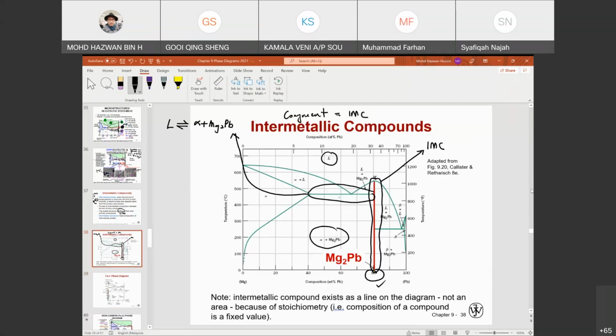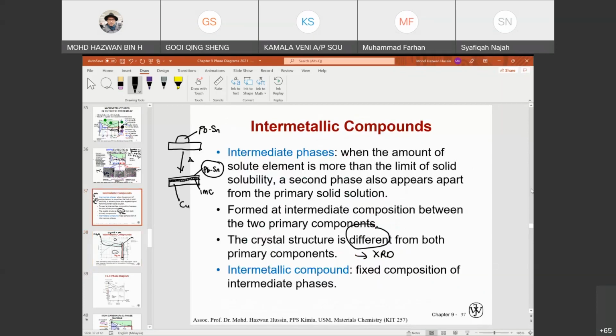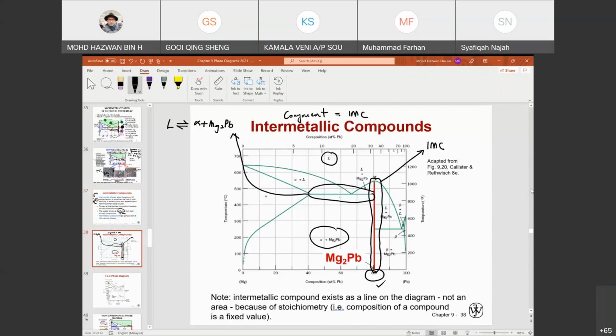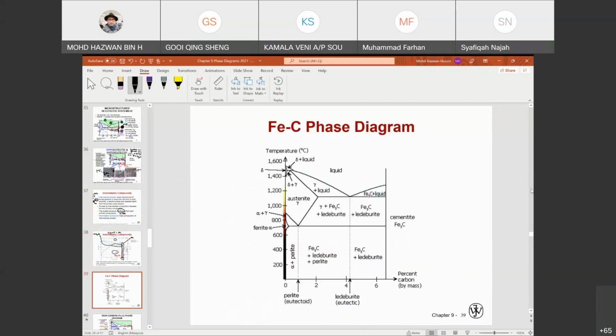We just identified where the intermetallic compound forms, how it is possible to be formed, the definition and everything. Today we are also going to look at another quite important phase diagram, the cast iron phase diagram, or iron-carbon, Fe-C phase diagram.